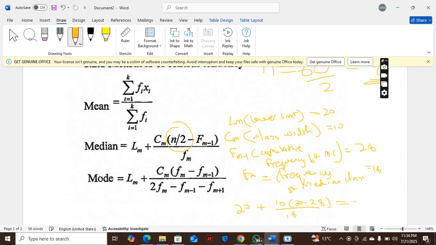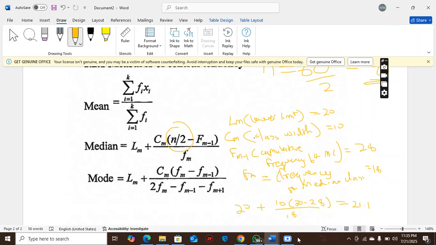Are we all getting 21.11? So 50% of the salaries are below 21.11, and 50% of the salaries are above 21.11.